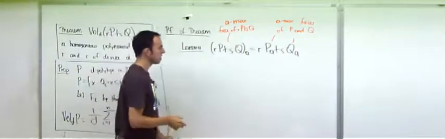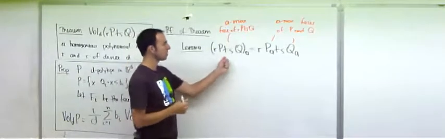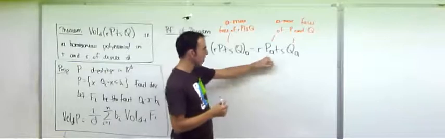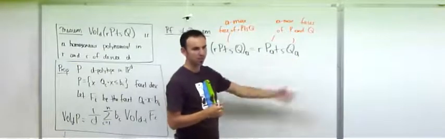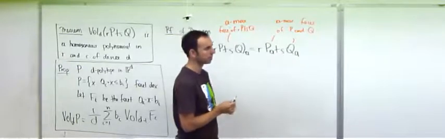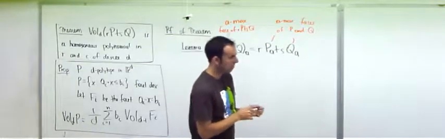And so what this is saying basically is that if you want the A maximal face of the sum, then you can just take the A maximal face of P, the A maximal face of Q, and sum them. And put coefficients in front if there are. Okay?